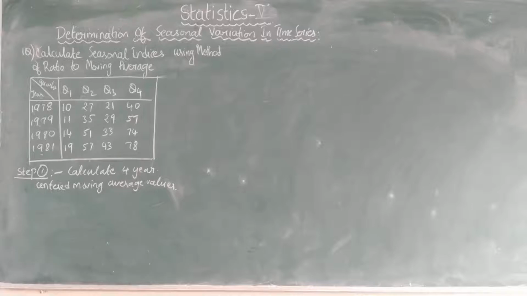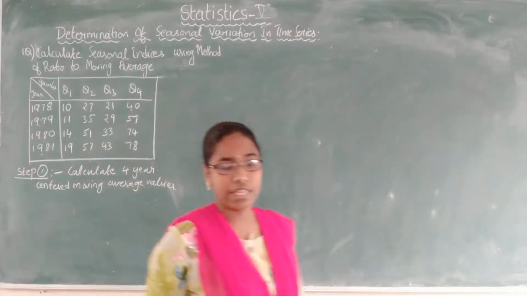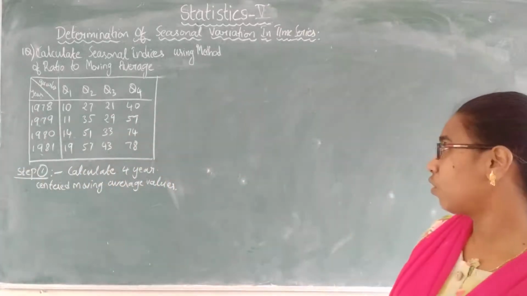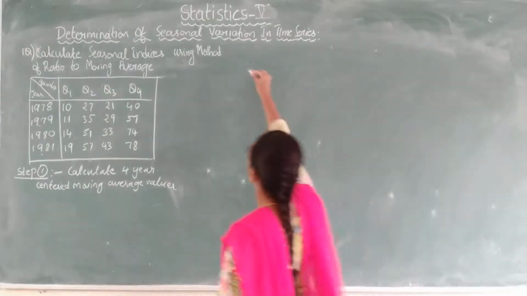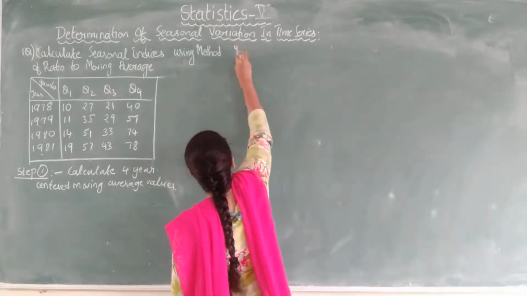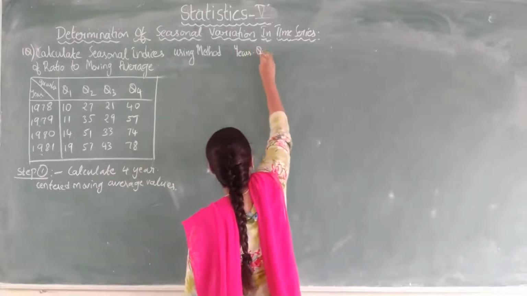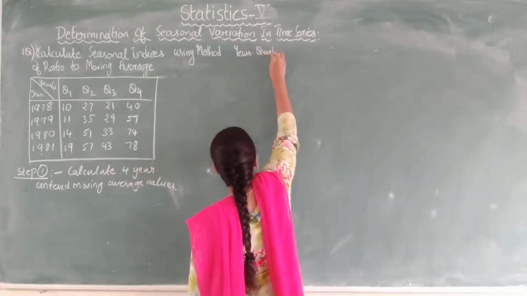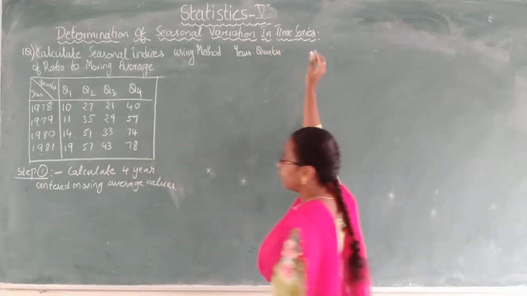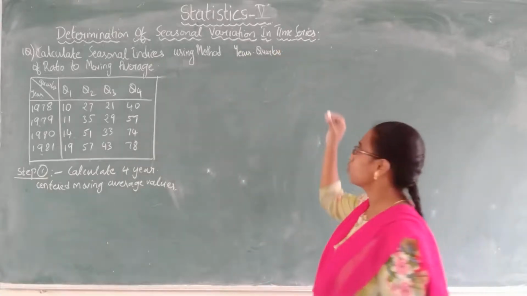How do we calculate the moving averages? We know the procedure for calculating the moving average, right? First we have to write all the years. Each year has 4 quarters. So write down the years, and under these years you have quarters also, and then we calculate the 4-year moving average.